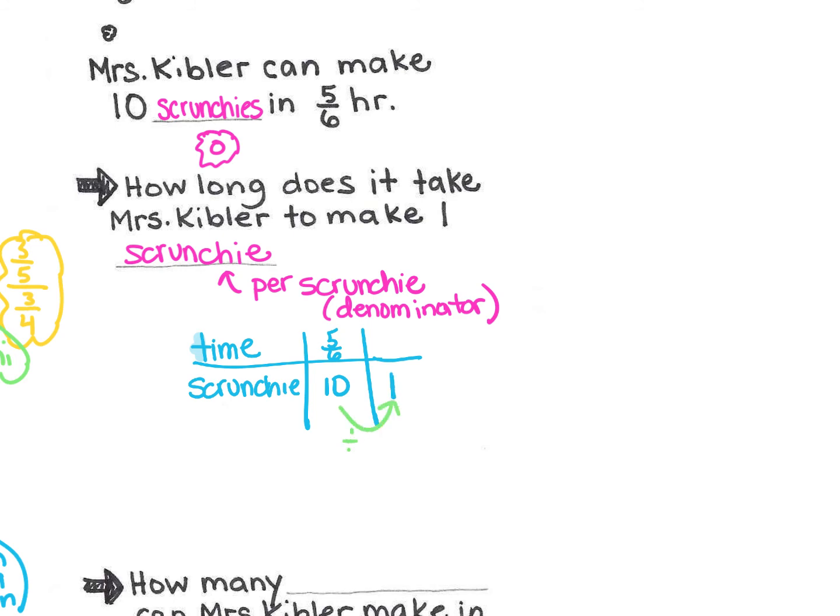To get from 10 to 1, you're dividing by 10. So I'm going to divide by 10 in the numerator as well, or the top of this. 5/6 divided by 10 in my calculator is going to give me 1/12. So that means it's going to take me 1/12 of an hour to make 1 scrunchie.